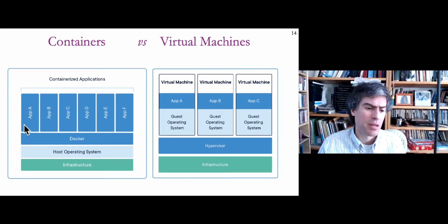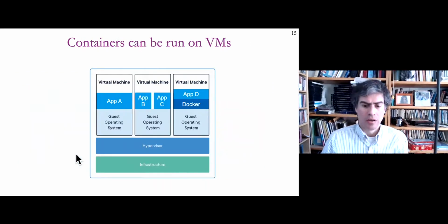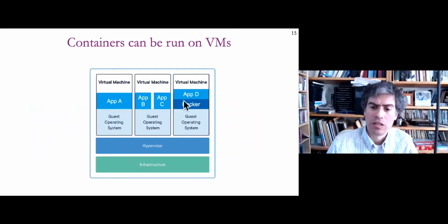Docker containers aren't really running an operating system. They just have a translation layer between the application's view of the operating system and the real operating system. That's kind of the trick of it. And incidentally, you can run containers on top of virtual machines if you want to. You often would do that.